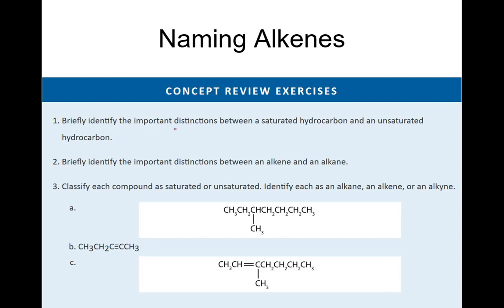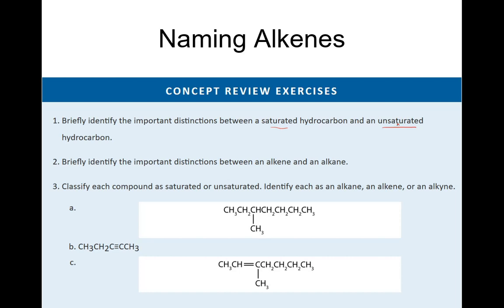Briefly identify the important distinctions between a saturated hydrocarbon and an unsaturated hydrocarbon. That just wants to make sure you understand the difference between the two words. Saturated means that the carbons are all singly bonded and they have a maximum number of bonds allocated to them.